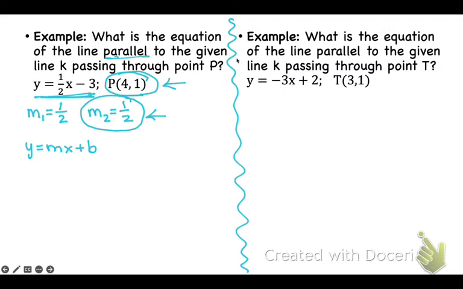So y is 1 equals, my m is 1/2, my x is 4, plus b. What's half of 4? 2. So minus 2, and b is negative 1.